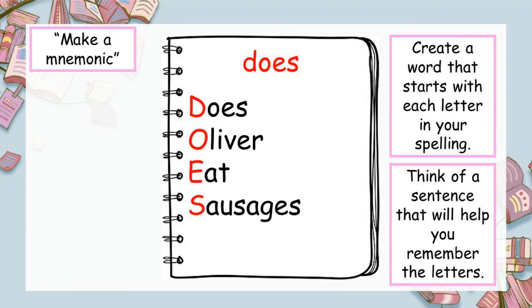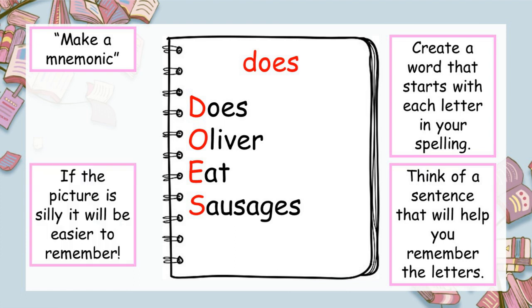If you can, it's really helpful for the first word in your mnemonic to be your spelling word. This will really help you remember how to spell it. If your mnemonic is something silly or that you can picture really clearly in your head, it'll help you remember loads of them. So I actually have a cousin called Oliver.